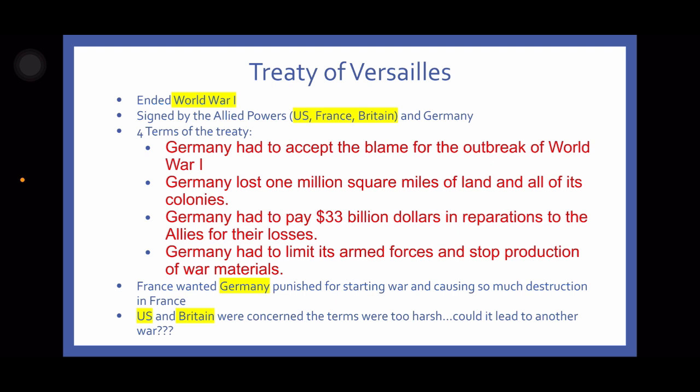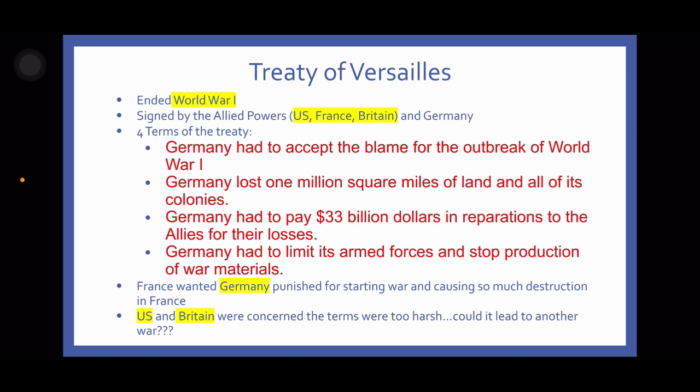France forced Germany to accept four terms, which really made Germans angry. First, Germany had to accept blame for World War One. Second, Germany lost 1 million square miles of land. Third, Germany had to pay $33 billion in reparations. And lastly, Germany had to limit its armed forces and stop production of war material.